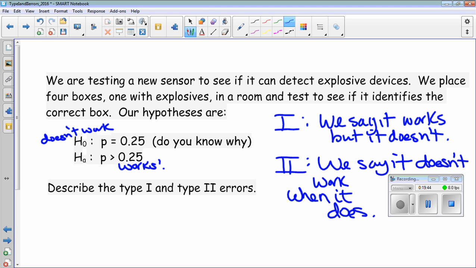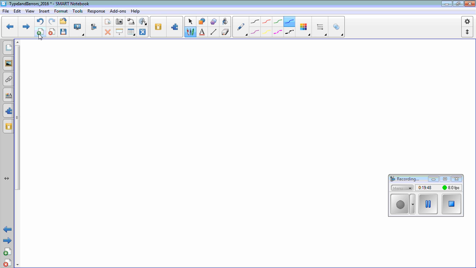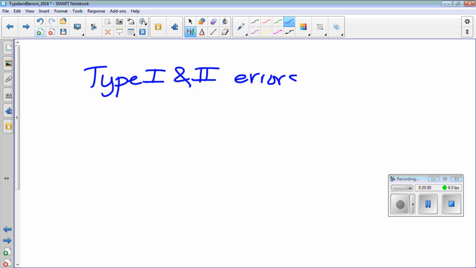And what you need to be doing, in addition to thinking about type 1 and type 2 errors, is thinking about a couple of other vocabulary words that are going to jump out at you, okay? I also want you to think about something called the power of the test.